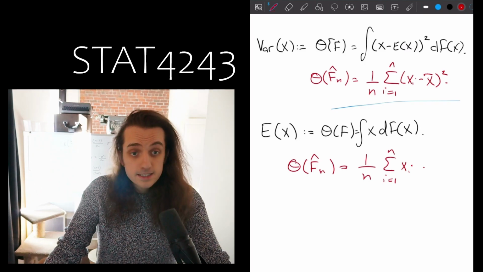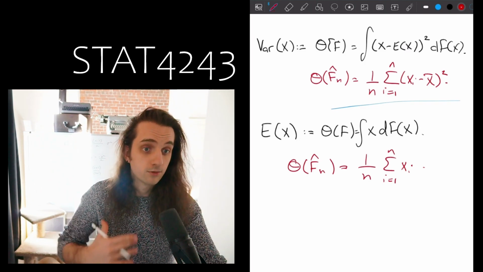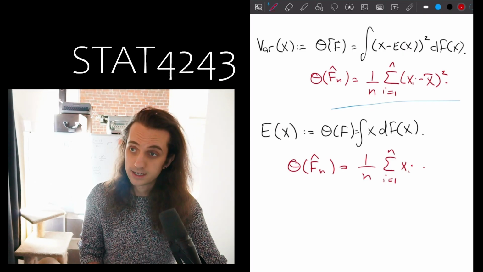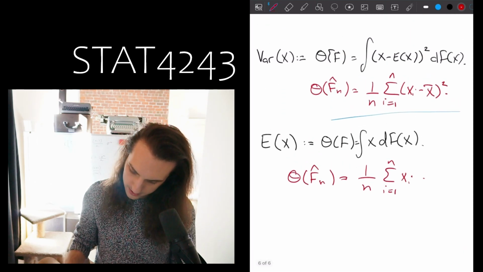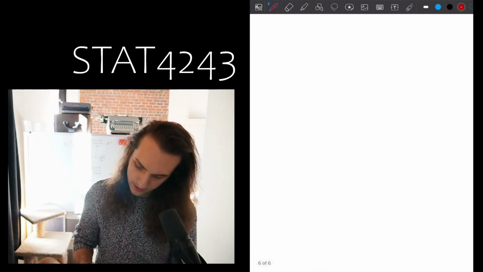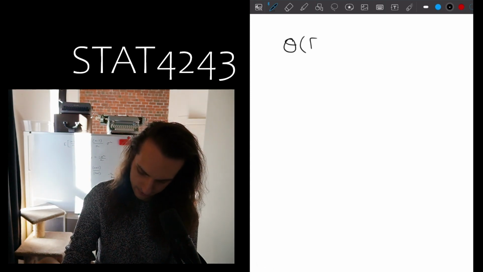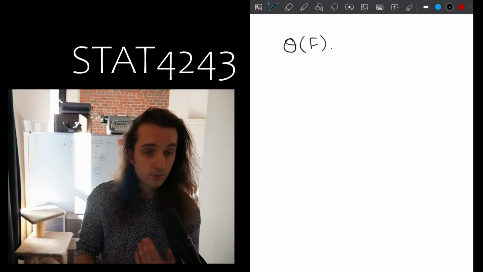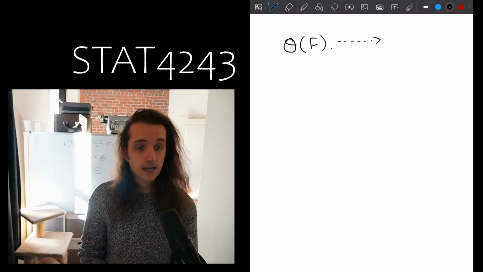And so this plug-in principle is going to become a really effective way of generating these non-parametric estimators. The idea is essentially that what we want is theta of F, right? But we don't know how we're going to go directly to an estimate for that.